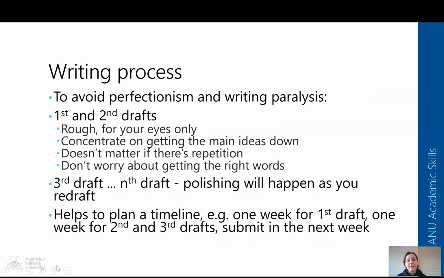Now, when writing, it's really useful to give yourself plenty of time. To avoid perfectionism and writing paralysis, do think about writing in multiple stages. The first draft and the second draft can be rough, just for your eyes only. Concentrate on getting those main ideas down and thinking about how the structure might work.